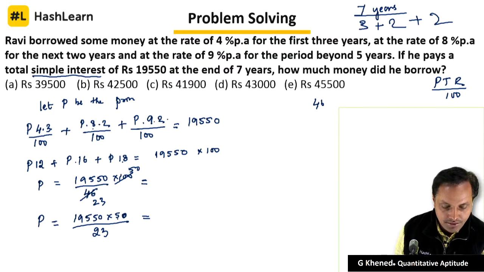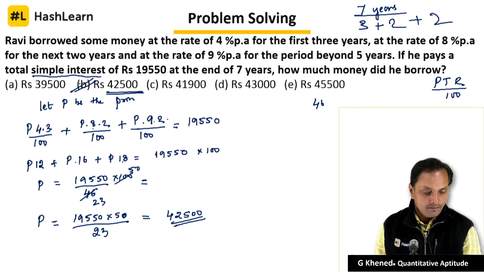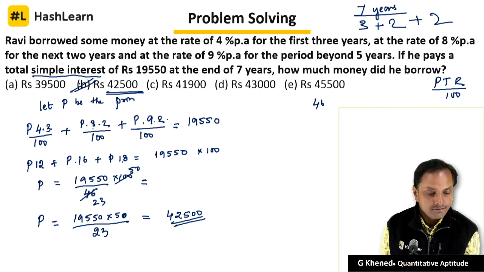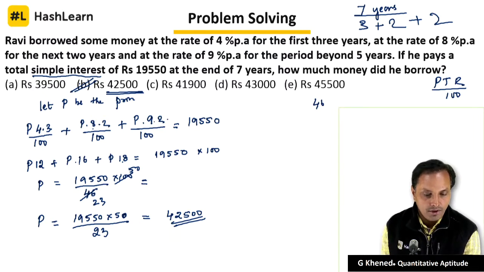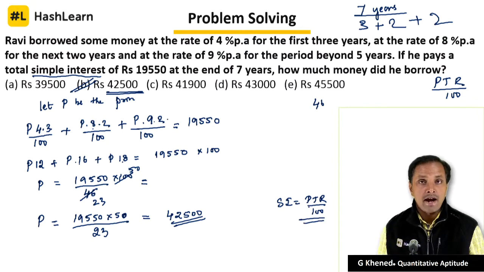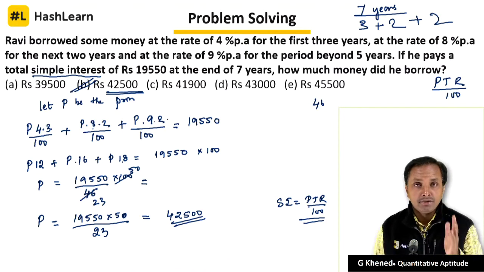Once you do the calculation, you should get the answer to be option B, 42,500. 19,550 into 50 by 23 should give you 42,500, which is your option B. So the only important formula in this example is P into T into R by 100. You have to do it in 3 stages. You have to add the simple interest for the total 7 years split into 3 plus 2 plus 2.